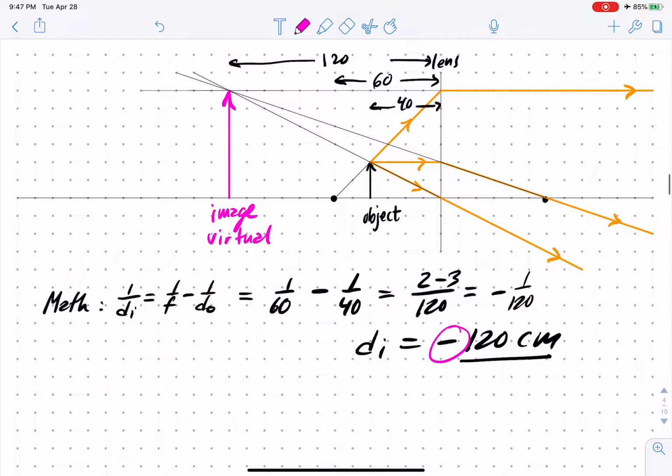The other thing we notice is that, what about h_i? It's positive here. Both of these are positive.